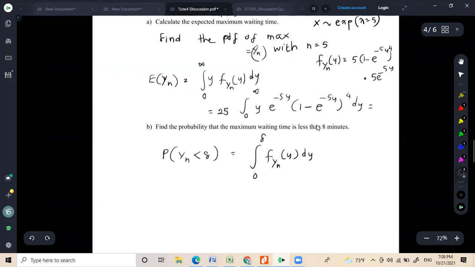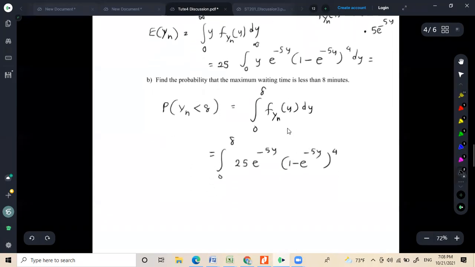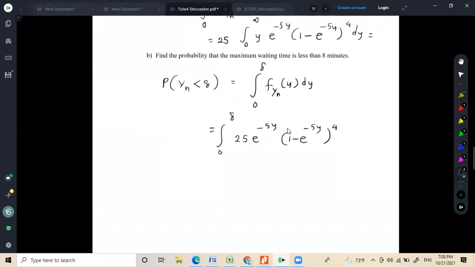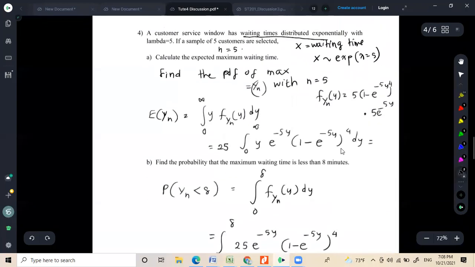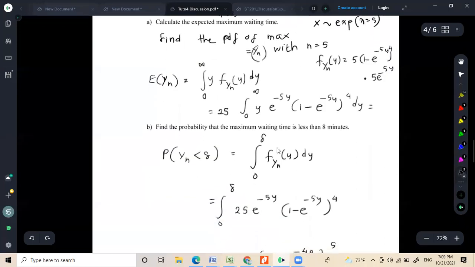You can solve this one. And for the probability, you integrate from 0 up to 8, and you'll end up with 1 minus e to the negative 40 to the power 5. Let's see whether you can get this answer. The only hard thing is deriving the PDF. After that, you know how to find the mean and how to do the probabilities. That's simple.